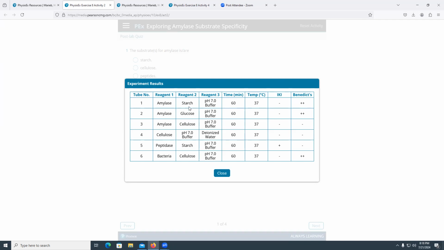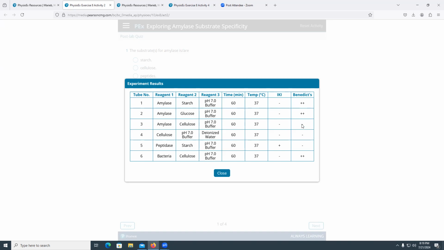In tube 1, I began with reactants that have been converted into products. That's why Benedict is positive. But here I began with products and I detected them as products. So I had no reaction here. 3, amylase and cellulose. I did not detect any reactants because IKI detects starch.